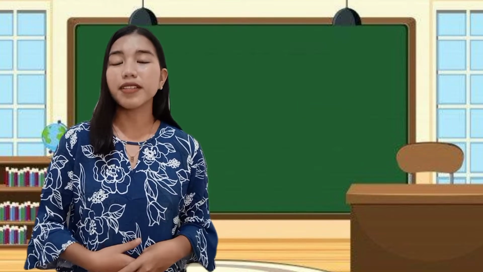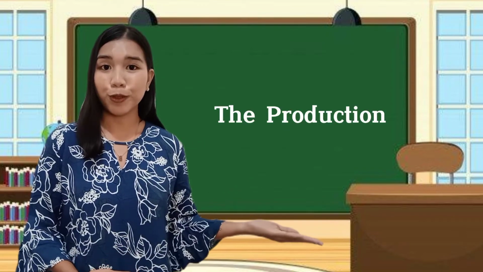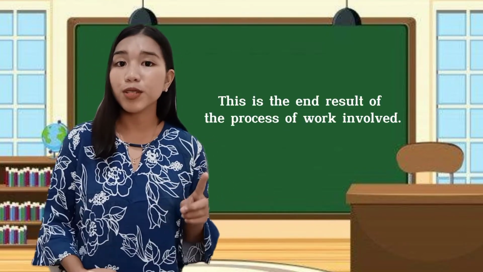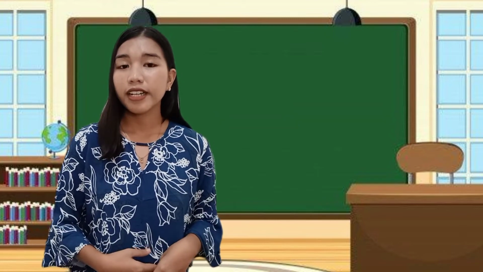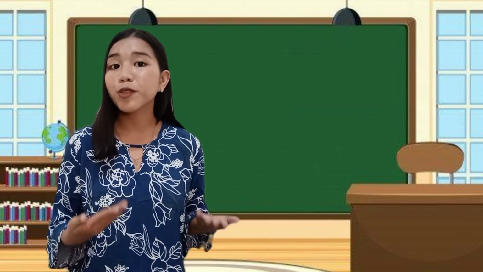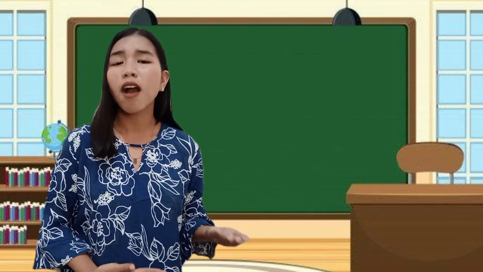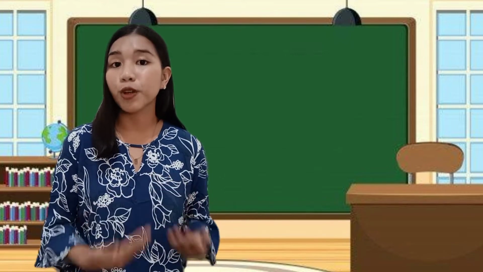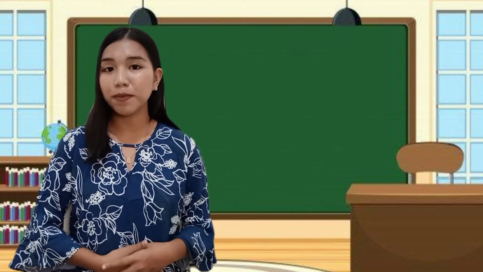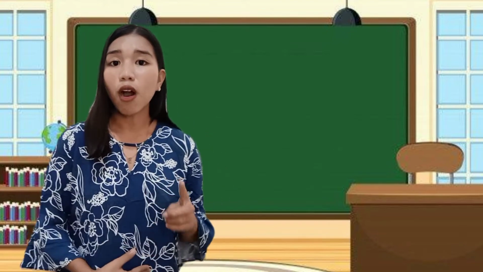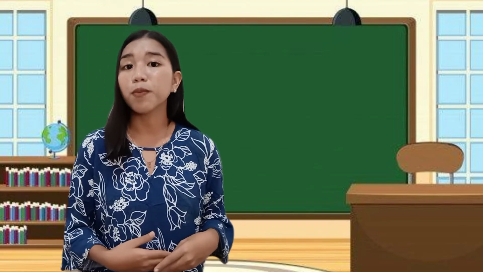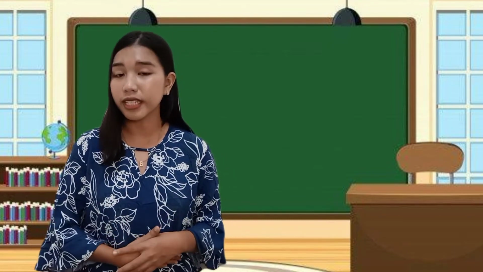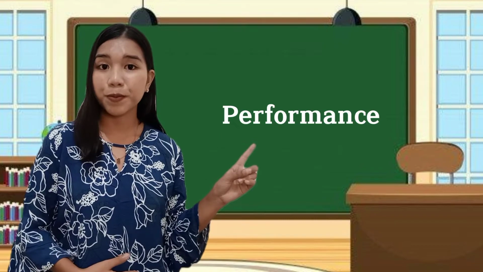The third element is the production. This is the end result of the process of work involved. The final product that results from all of the labors coming together to complete the finished work of script, scenario, and plan, in union with all of the collaborators in the process, is what we call the performance.